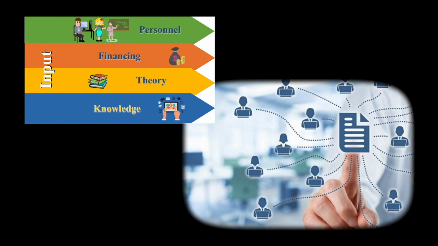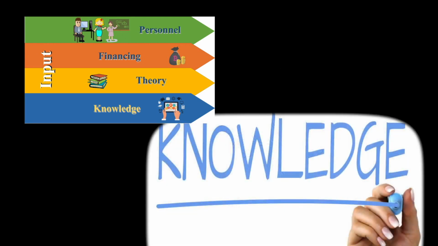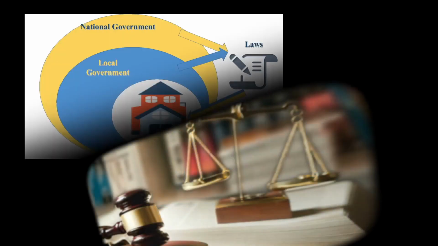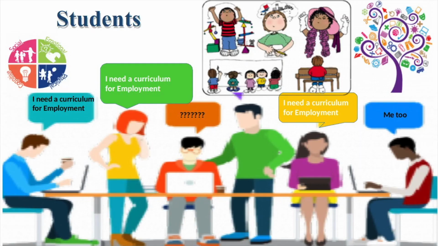Inputs. The environment provides input with personnel, financing, theory and knowledge. The national and local governments enact laws that regulate the school. In addition, other groups may make demands on the school. Students, for example, want a relevant curriculum that will prepare them for employment.